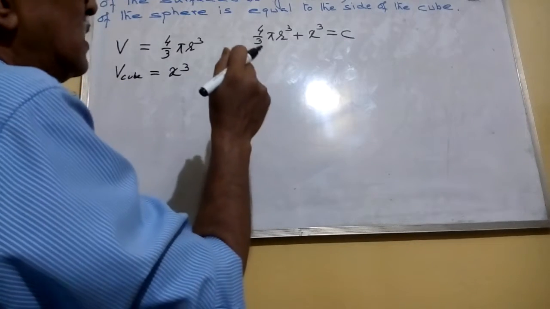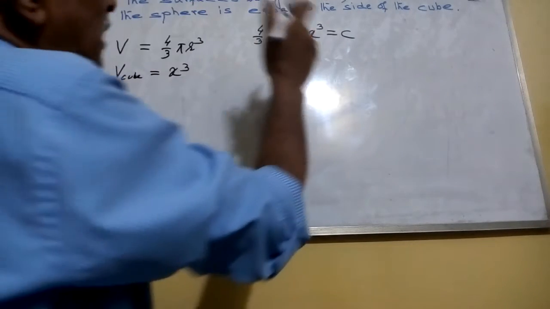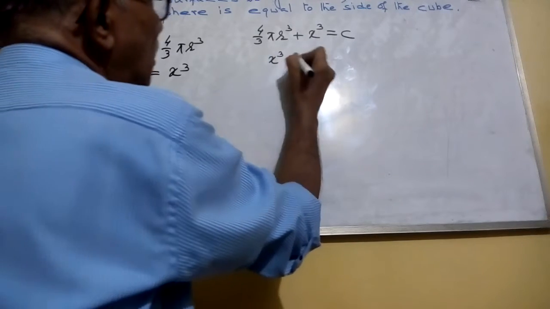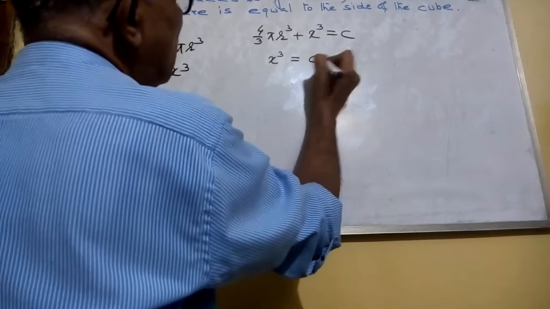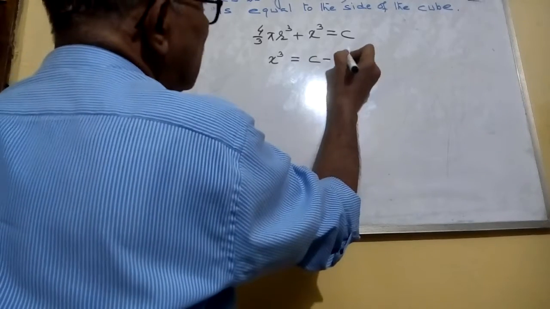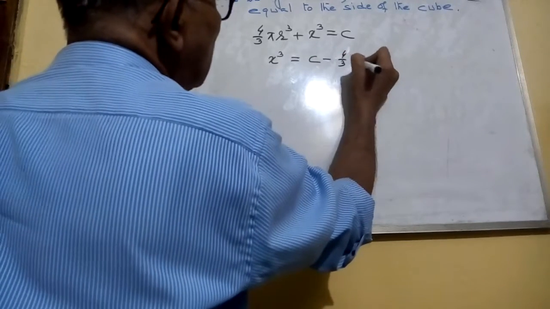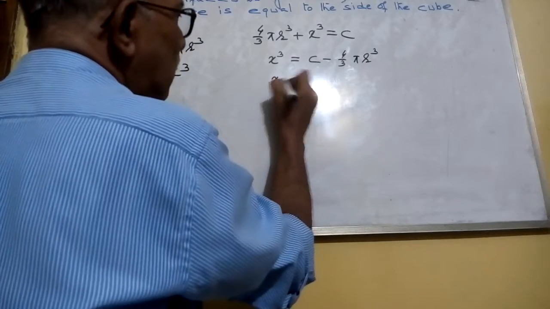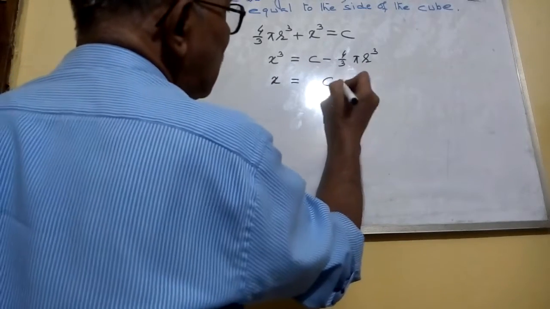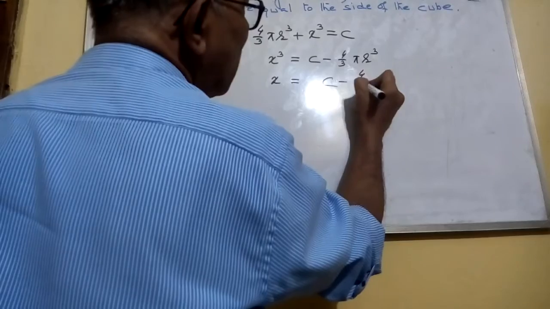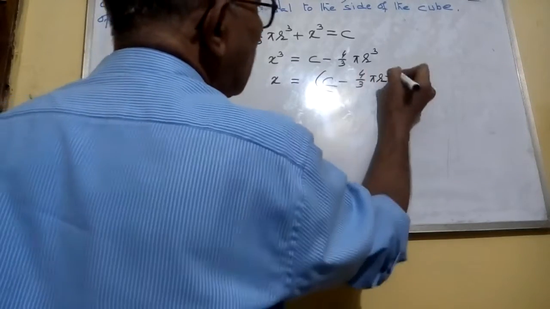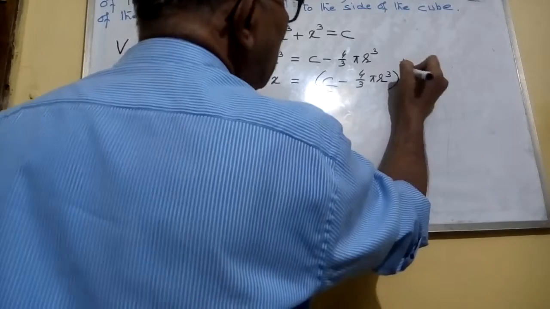Now let us find from here. So x³ = c − 4/3 πr³, and x = (c − 4/3 πr³)^(1/3).